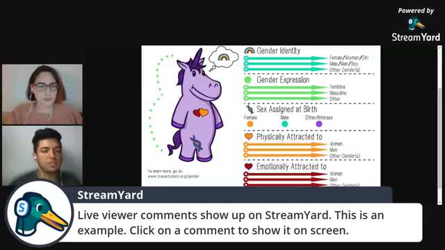A mixture of the two, or born with an X chromosome and having a penis, or born with an XY chromosome and having a vagina. So a mixture of different chromosomes or genitalia. Correct. And then the last one is A, which is asexual, which you did already touch upon.